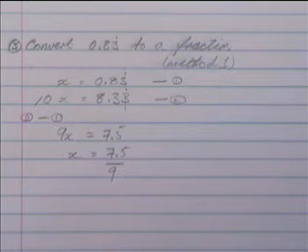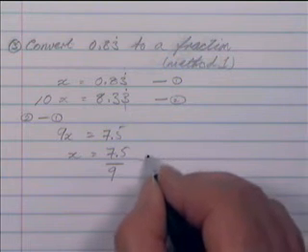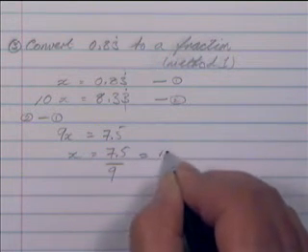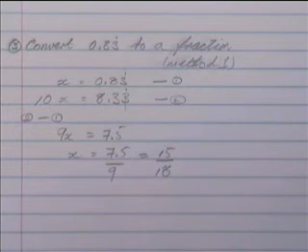But of course I've got a problem here because that isn't a fraction, because that's a decimal fraction there. So I'm going to change that to 15 over 18, multiply top and bottom by 2 to get 15 over 18.